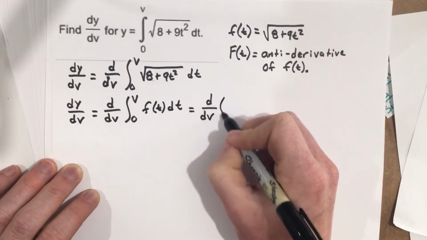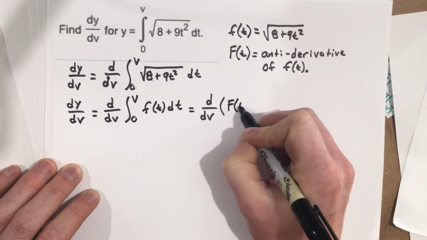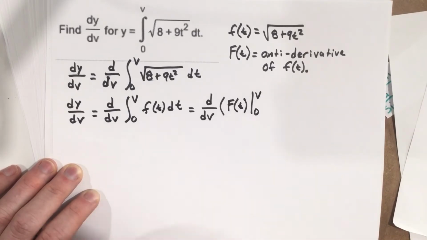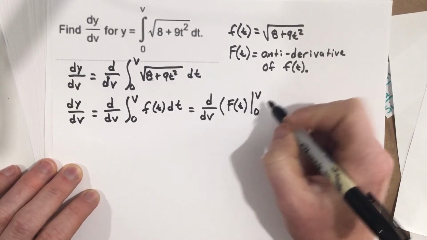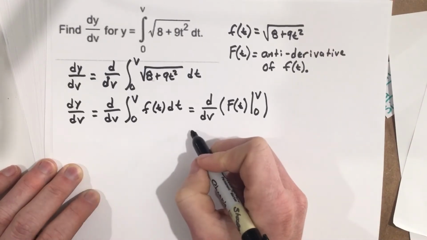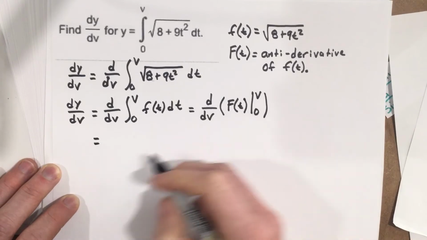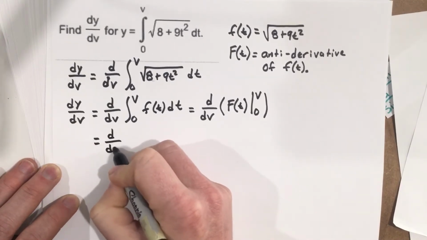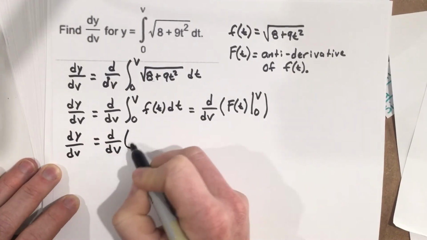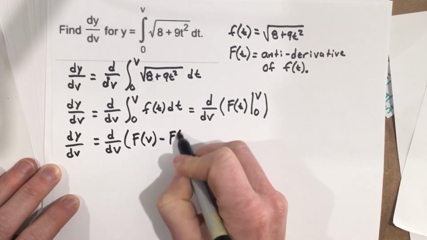So we can say that this is the derivative of this integral after it's integrated, capital F of t, from 0 to v, right? We're evaluating that from 0 to v, which we know equals, if we plug v in and plug 0 in, the derivative with respect to v of capital F of v minus capital F of 0.